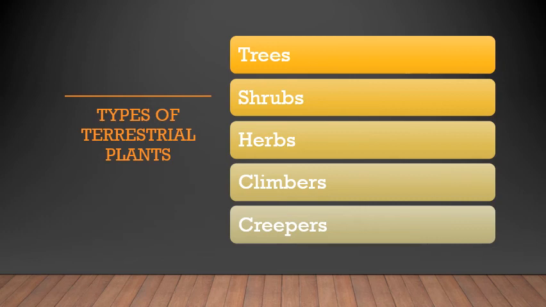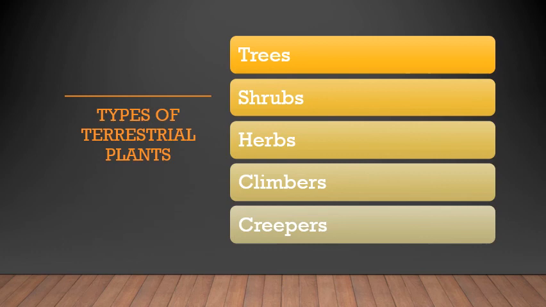TREES, trees. SHRUBS, shrubs. HERBS, herbs. CLIMBERS, climbers. CREEPERS, creepers. These are the 5 different kinds of terrestrial plants that are present on the earth.